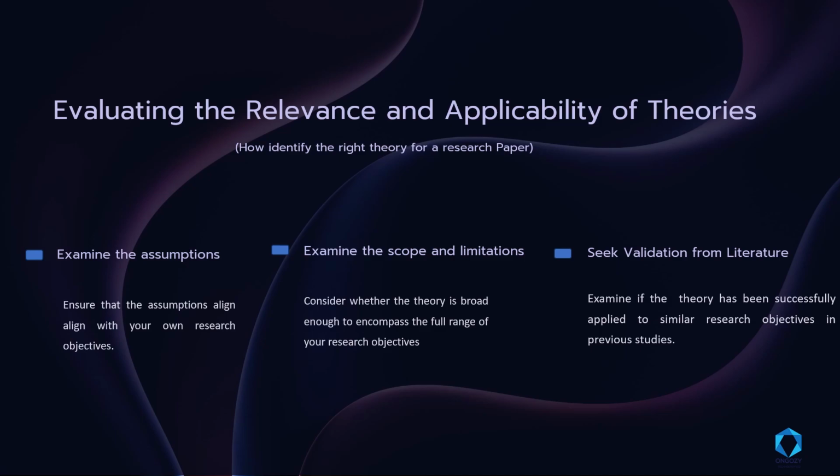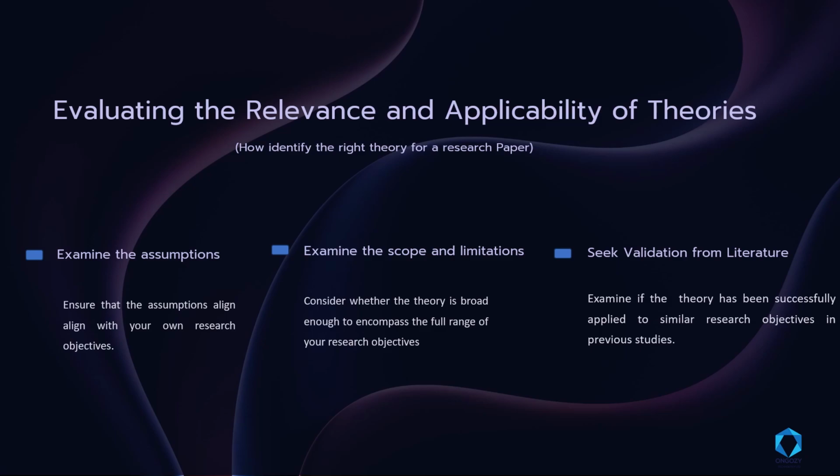Number two, examine the scope and the limitations of your theory. So consider whether the theory is broad enough to encompass the full range of your research objectives. Okay? Ensure it is broad enough so that it is able to accommodate your research objectives.